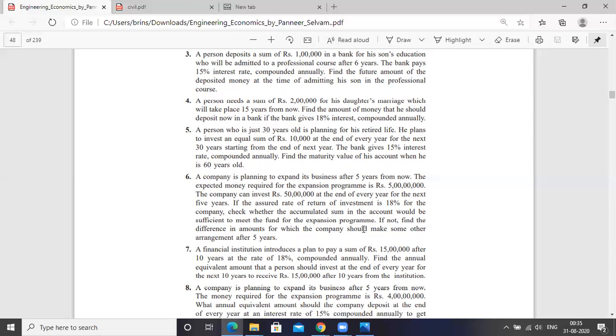So that will be the difference in amount that you'll have.